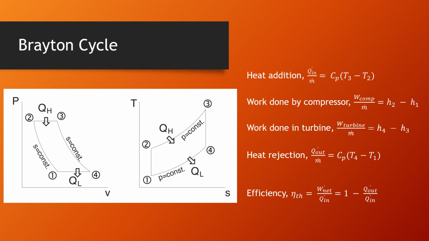Now the efficiency of the system would be equal to net work done divided by heat input, which is basically equal to work done by turbine minus the work done by compressor divided by heat input, or 1 minus heat out divided by heat in.